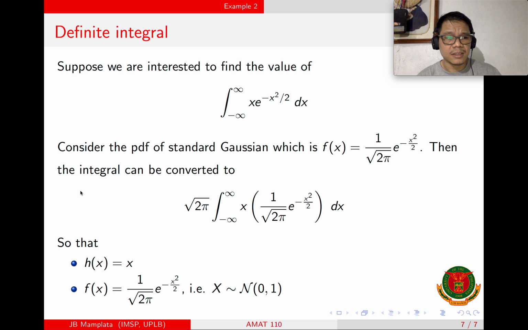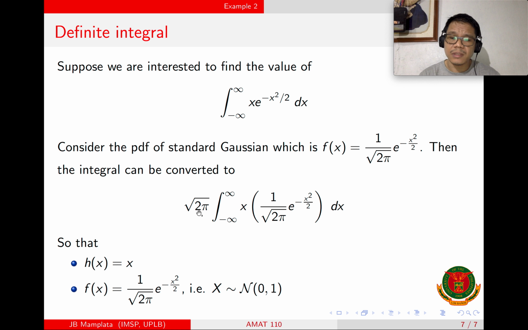Because this expression, without the square root of 2 pi outside, is the basic expression for the mean of a standard normal random variable. And we know that the mean of the standard normal distribution is 0.